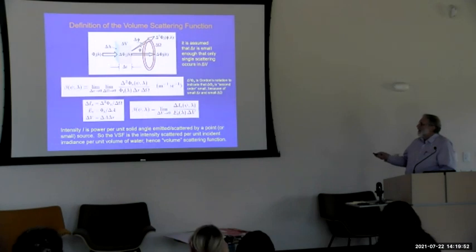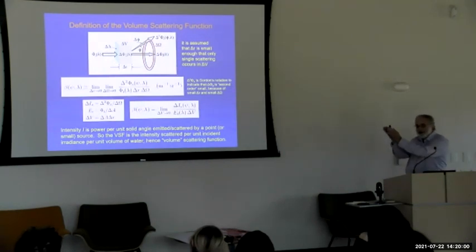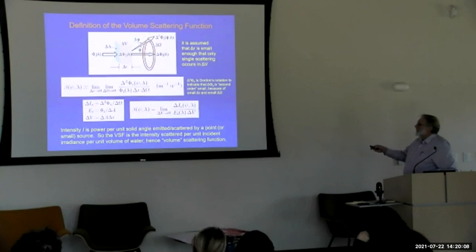And inside that volume, some of the light will get absorbed, some will get transmitted through, and some will be scattered off into some direction. And we'll measure how much light goes into some little solid angle. And I've drawn this little red ring here. If we assume azimuthal symmetry, then all the angles in this red ring have the same polar scattering angle. So they get counted the same.